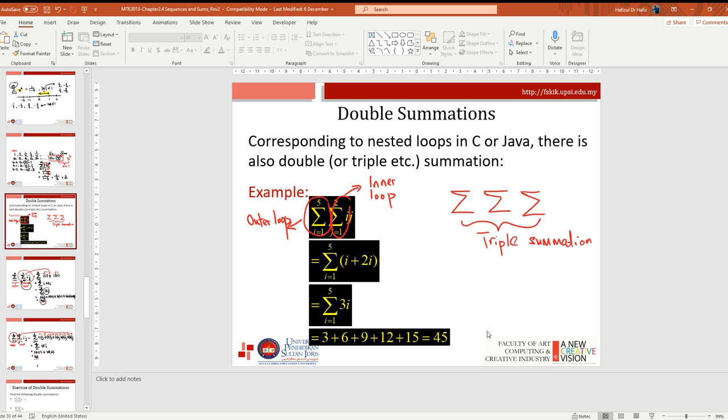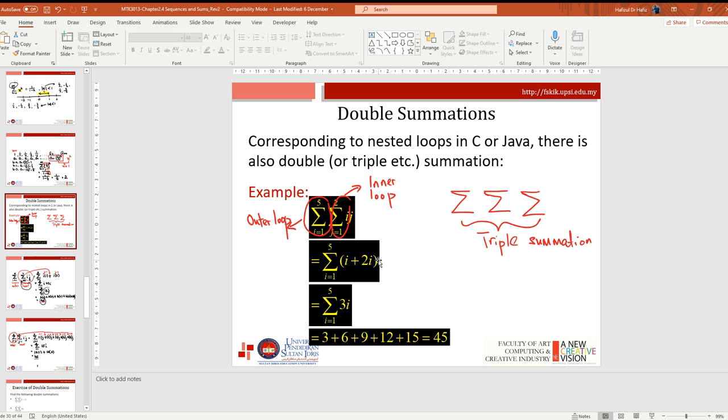For performing the double summation, it corresponds to loops in C or Java. There is also double or triple summation. For the double summation, you do the inner loop first, and then you go for the outer loop. Most importantly, you do the inner loop first, and then you do the upper loop later.